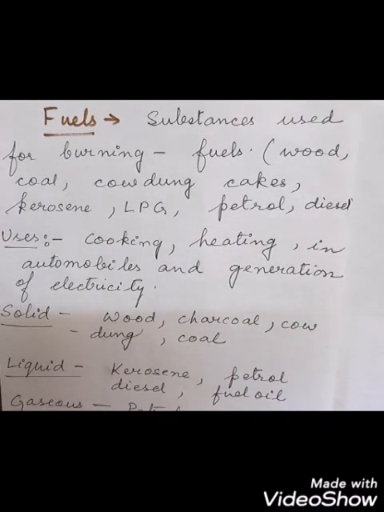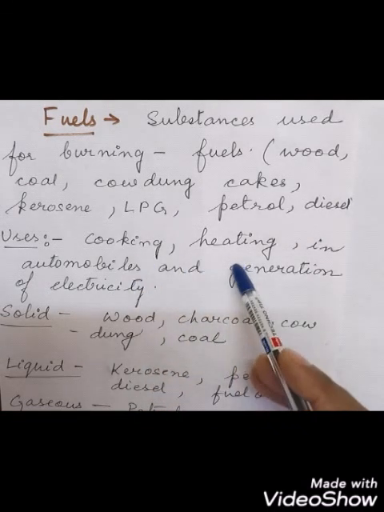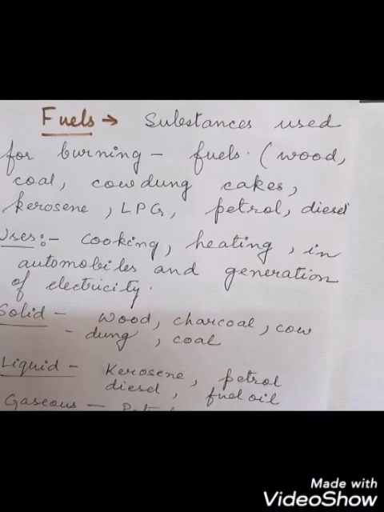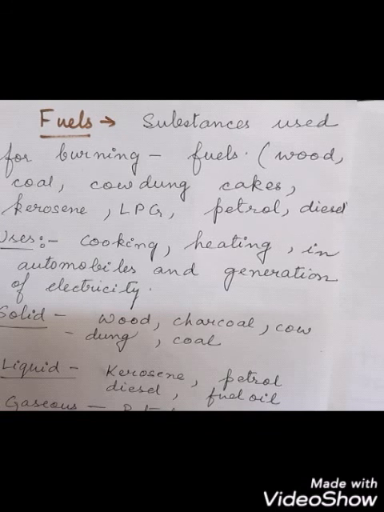So why are fuels used? They are used for cooking, heating, in automobiles and also for the generation of electricity. So what are fuels? Fuels are those that are used for burning.